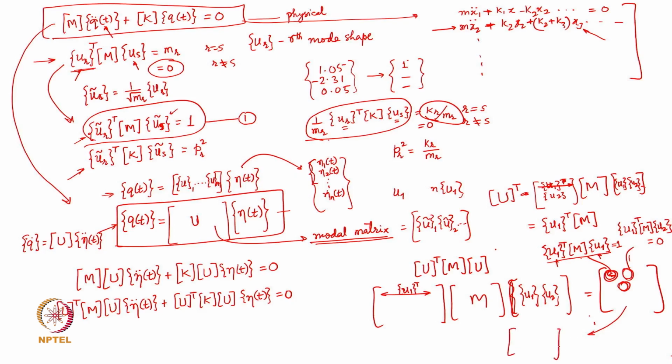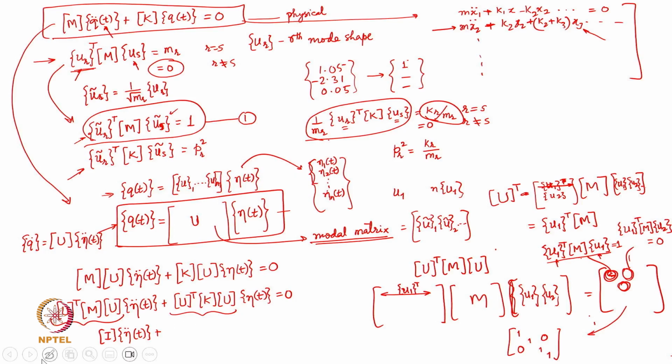You will realize that the entire product of U transpose mass times U is going to be an identity matrix with all the diagonal elements being 1. So, this is going to be replaced by the identity matrix.